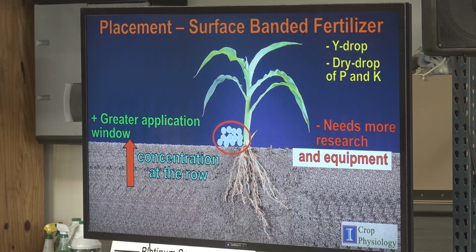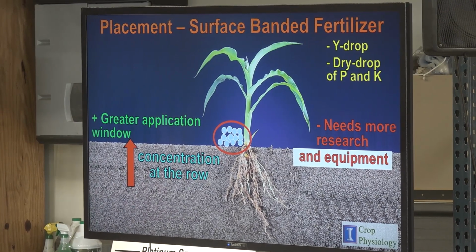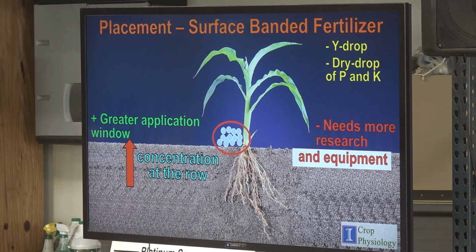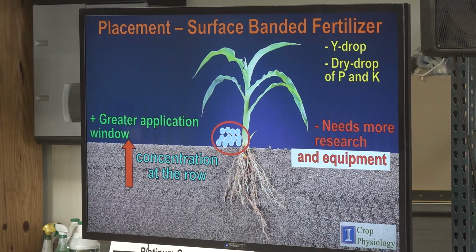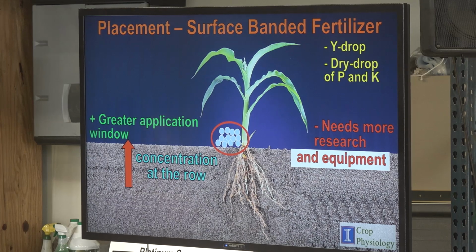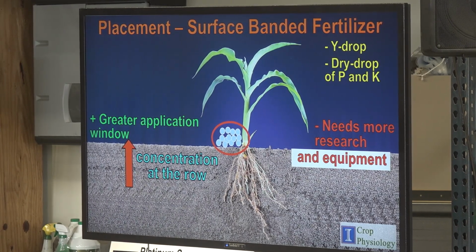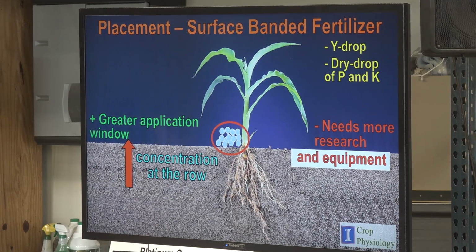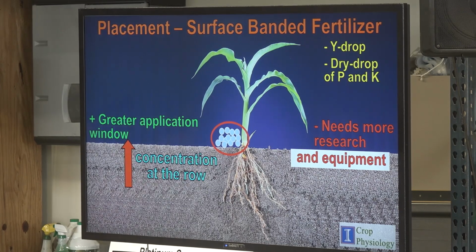And then we have my study here, which is surface banded fertilizer application. We already know that a lot of farmers use the I-drop widely, mostly for nitrogen application. But what we are trying to see is whether a surface banded application of a dry fertilizer could have the same result as a broadcast fertilizer application.